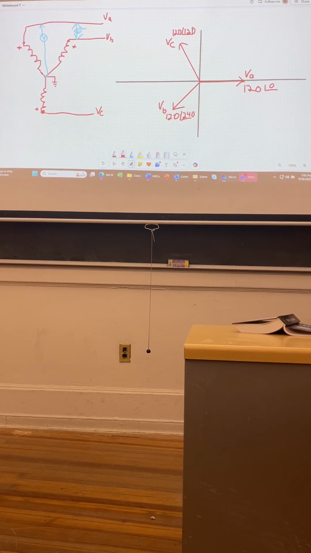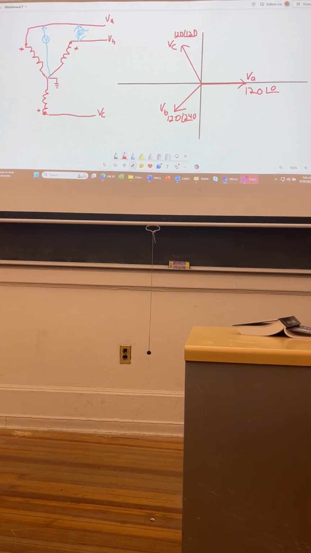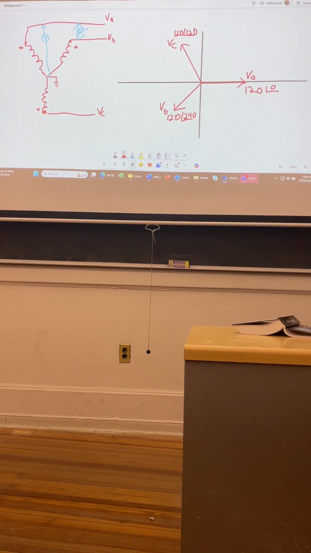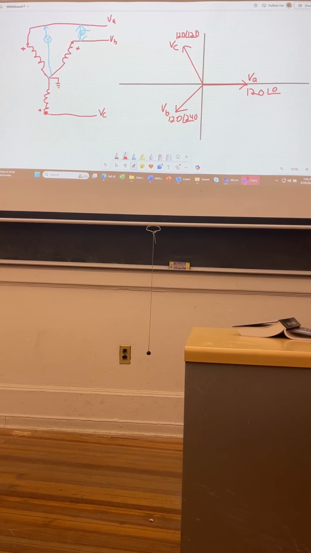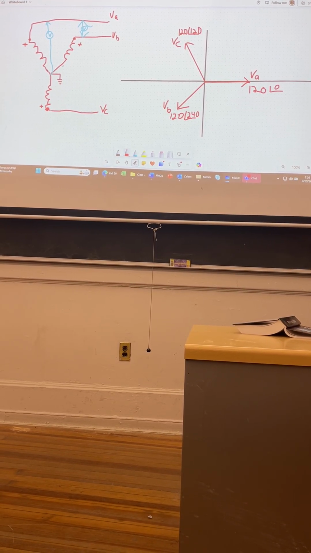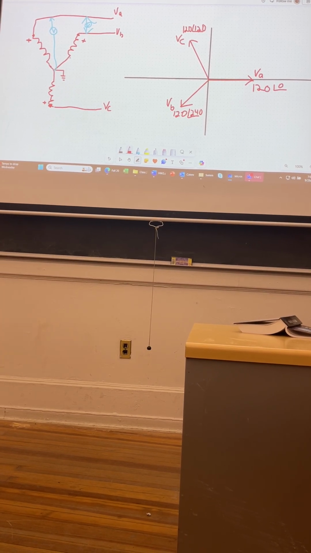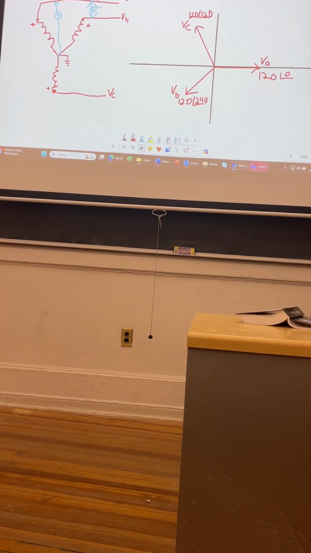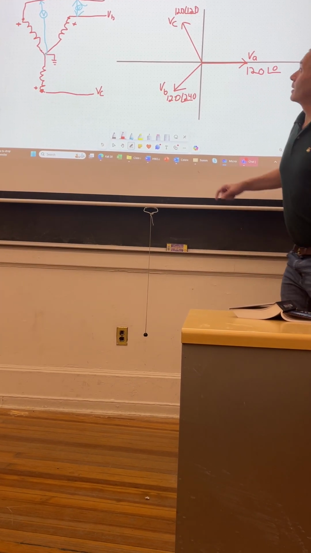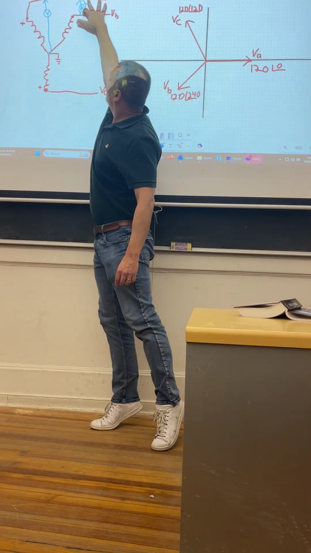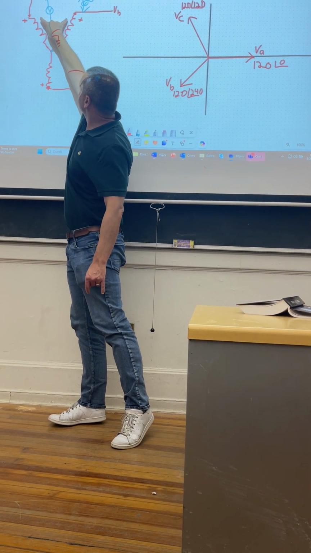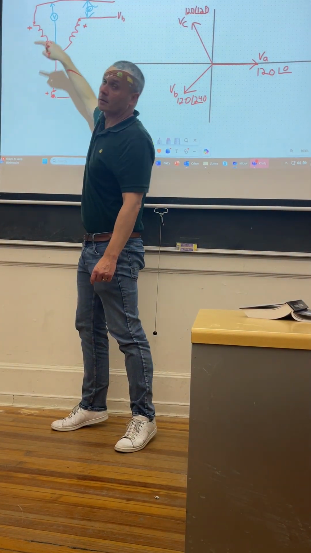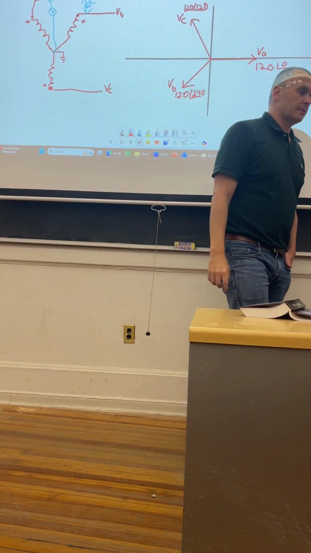So if I trace the connection from here, I got the positive drop across VA, and then I'm going through the non-polarity side, so I got the minus drop of VB. So by measuring there, I'm just measuring across these two windings, plus VA minus VB. Right? Is it clear?